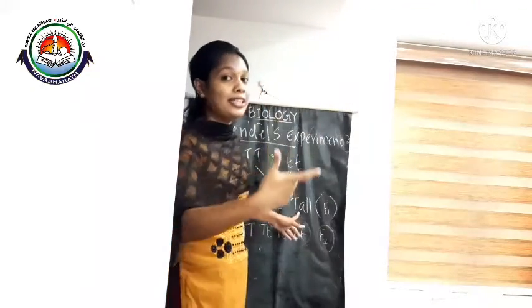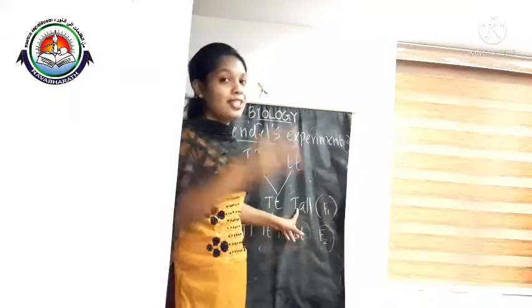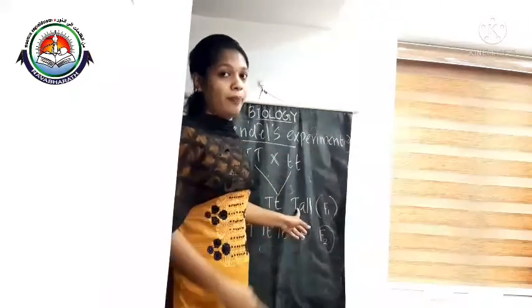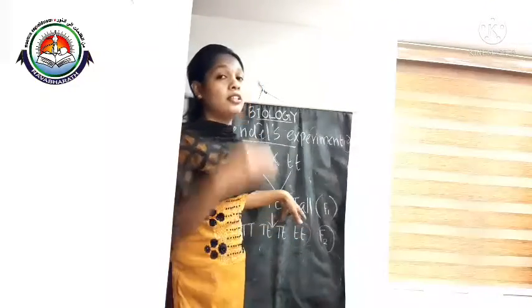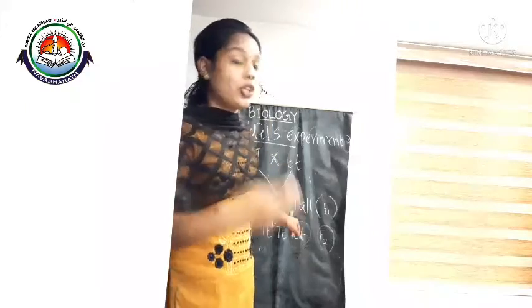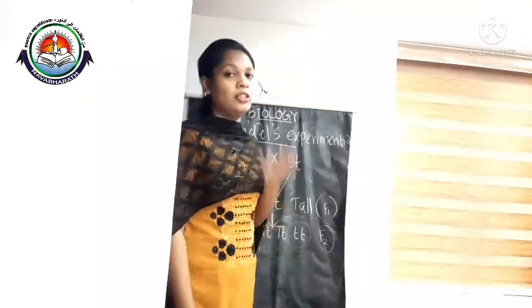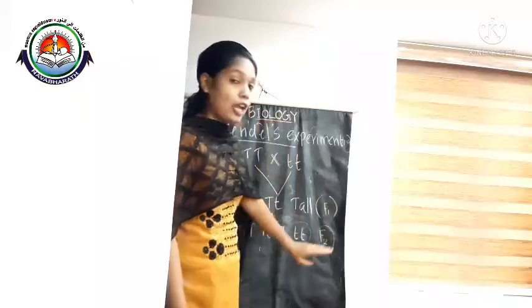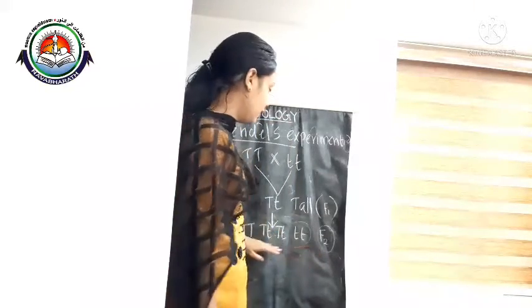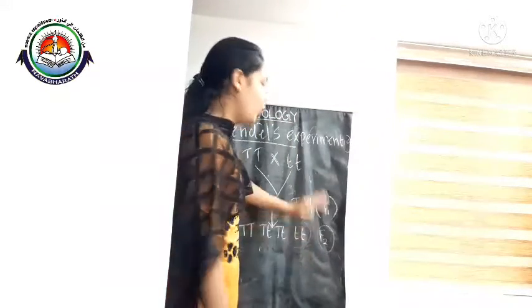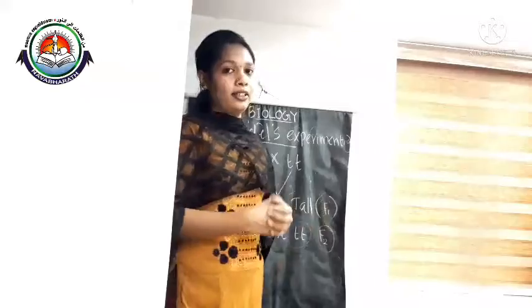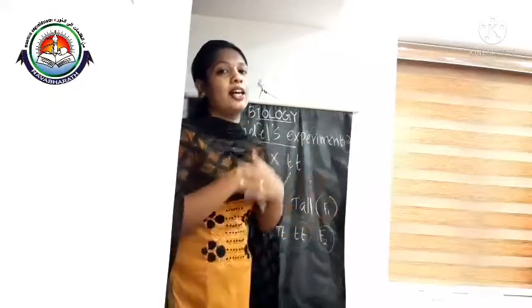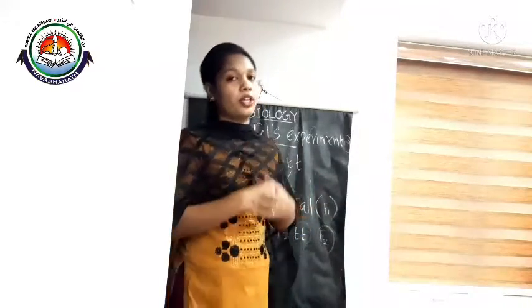Only tallness is expressed, but shortness is suppressed. So here the dominant trait is tallness. When we consider the F2 generation, both characters, tallness and shortness, are inherited to the F2 generation also.